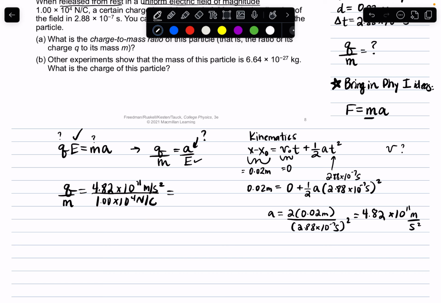Okay, let's do another calculator operation. And that just basically reduces our exponent, 11 minus 4, which turns that into 7.